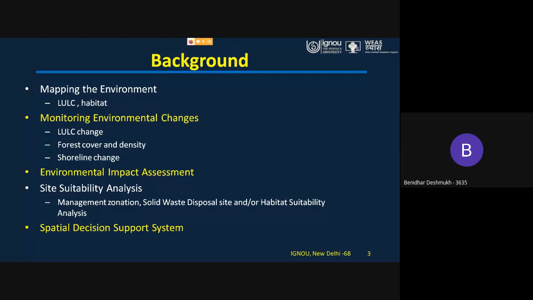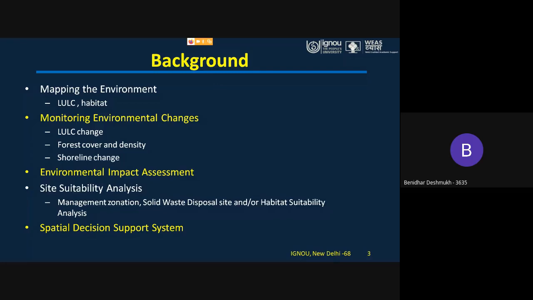Then once we have mapped the environment for a given date, given data, we try to prepare maps of different time periods and see how the conditions have changed with time. Some common examples are land use land cover change, forest cover and density, and shoreline change. I'll be giving some more of a picture in this, showing you some pictures, some outputs of this.